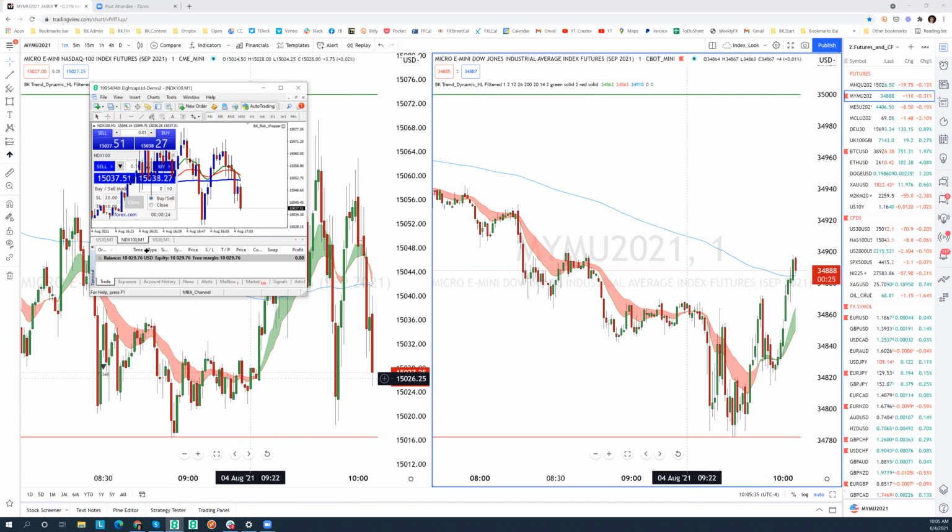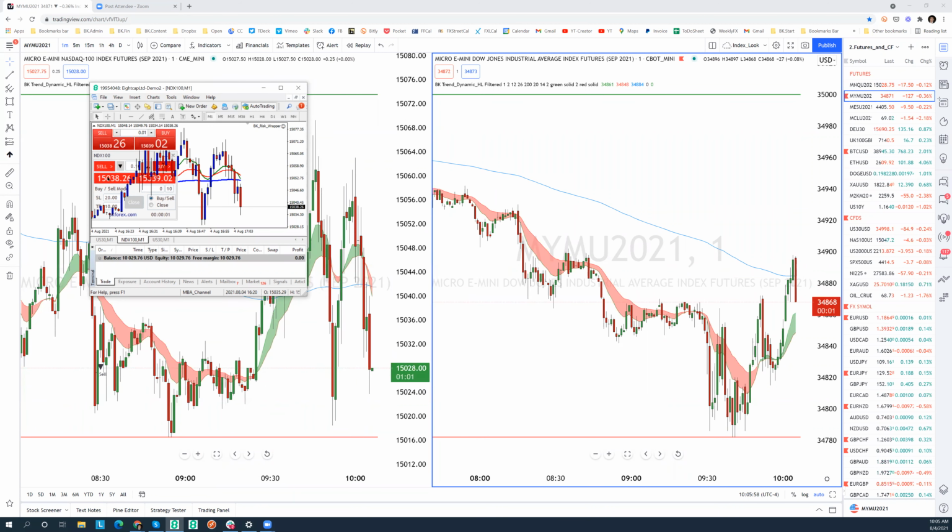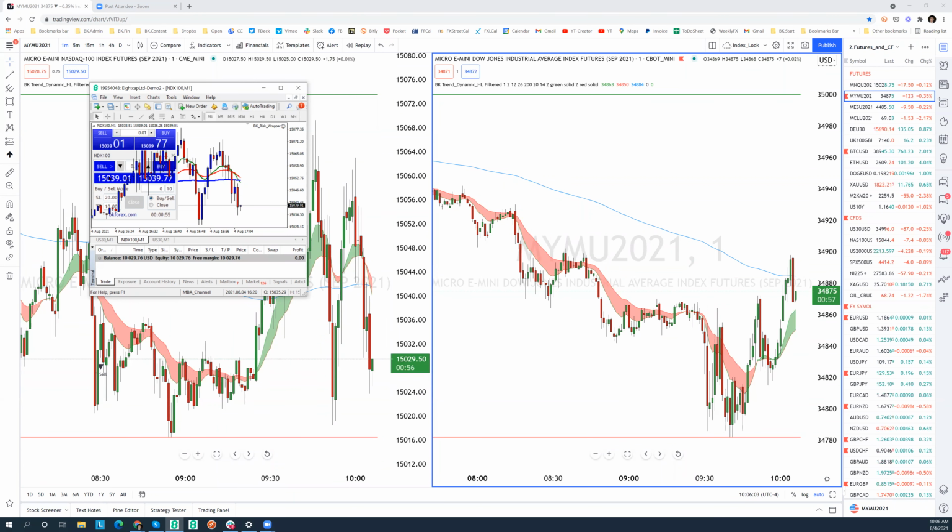I'm watching NAS here. This is definitely, it looks like a double bottom, but I really, really don't like the way this is trading.